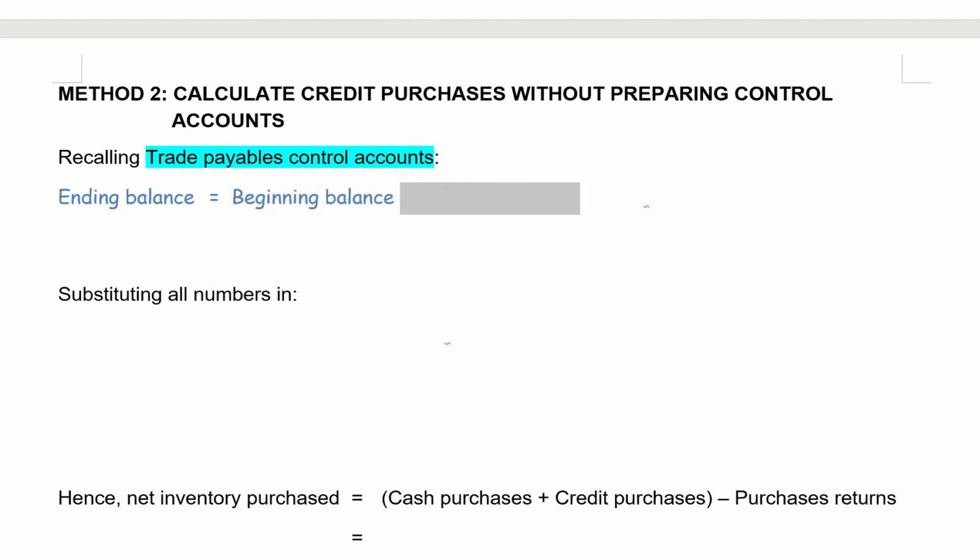So you start with your beginning balance. After your beginning balance, you must remember, I'm going to record my credit purchases of inventory.